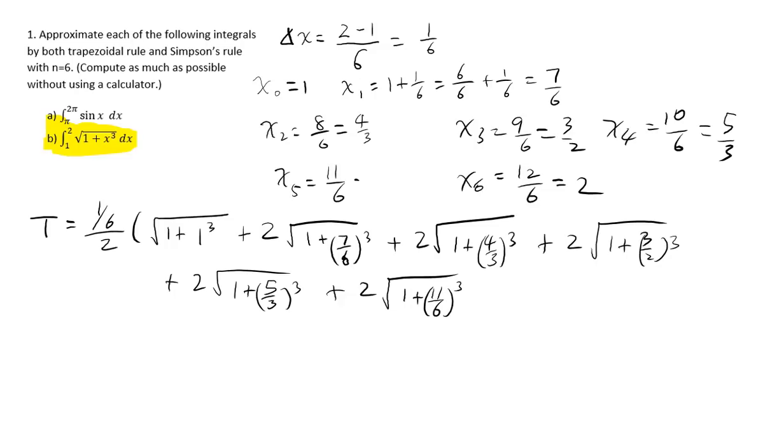And then, since x6 is the last one, the first and the last you don't multiply by 2. Only the ones in between you multiply by 2. So this last one is the square root of 1 plus 2 cubed.